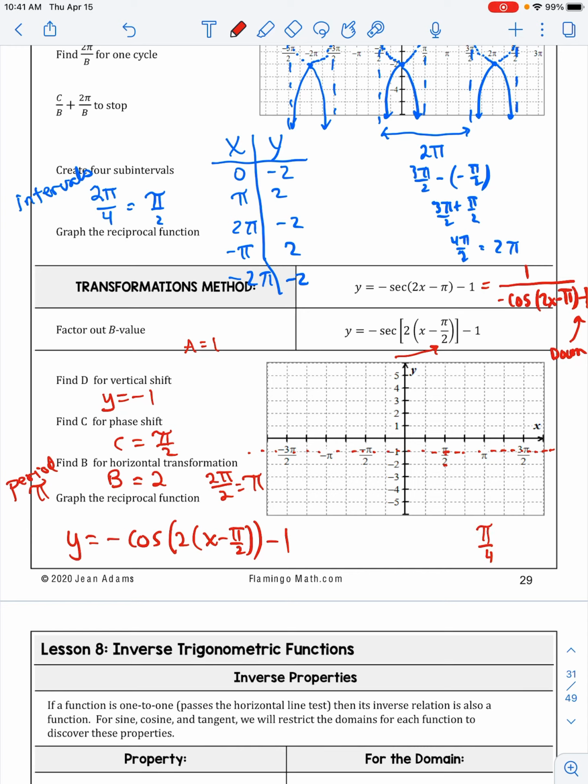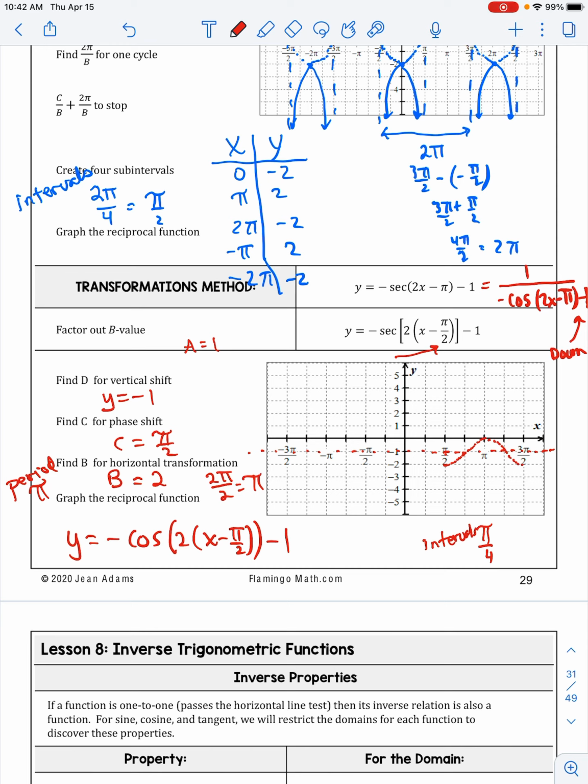And since the period is pi, our intervals are going to be every pi over 4. It's going to hit one of its special places. So at pi over 4, it's going to go up to 0. Another pi over 4, it's going to go to positive 1.